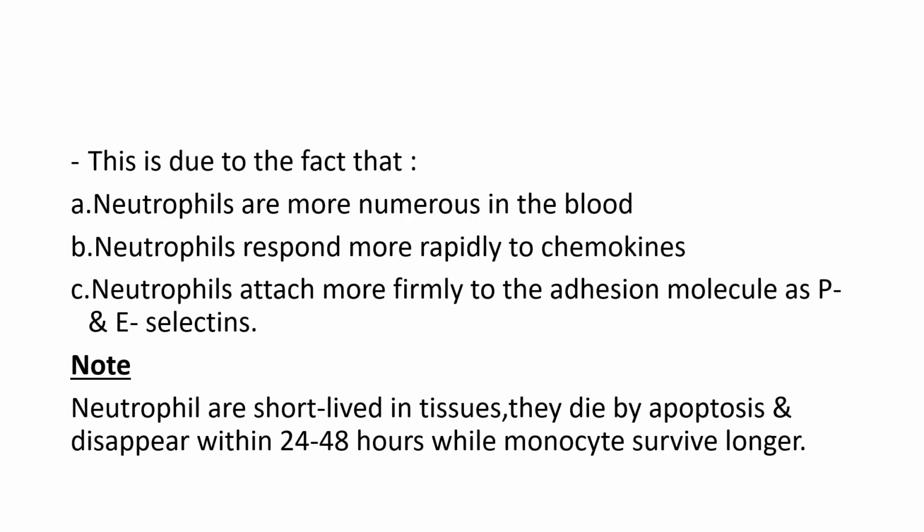Now, what are the reasons behind the fact that the neutrophils predominate in cases of acute inflammation? There are many reasons. The neutrophils are more numerous in the blood than the other cells, and they respond more rapidly to the chemokines.